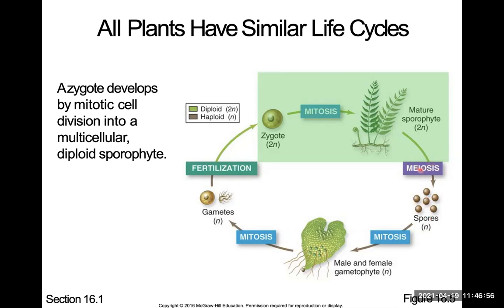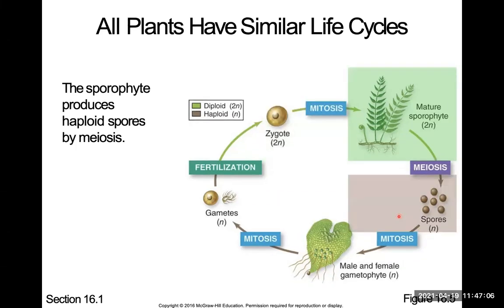When that happens, this meiosis is going to halve the number of chromosomes, and it's going to make it haploid. So you have that haploid, and that goes through mitosis. Spores go through mitosis. So they just drop somewhere on the soil, and they start to grow.